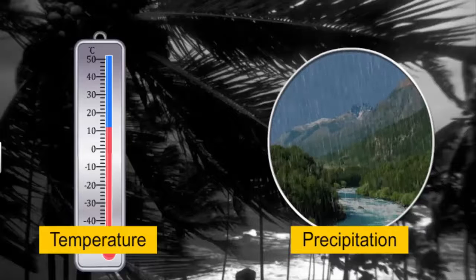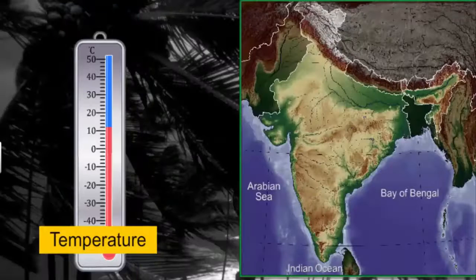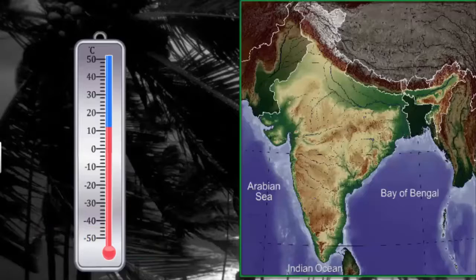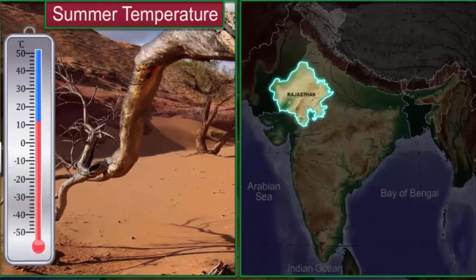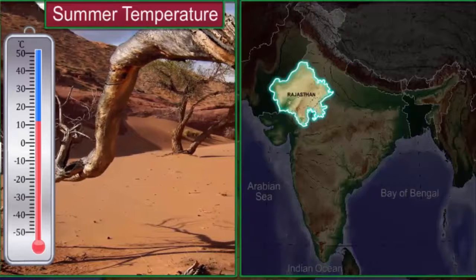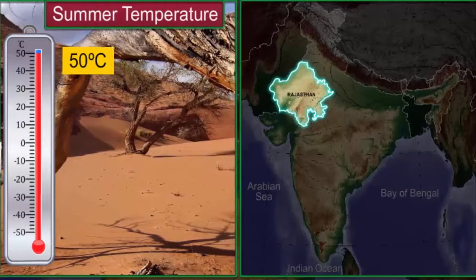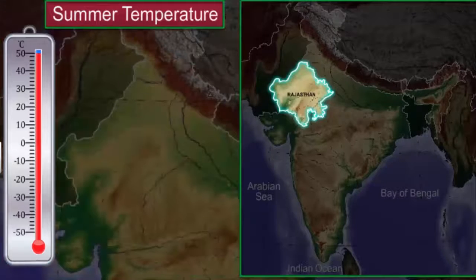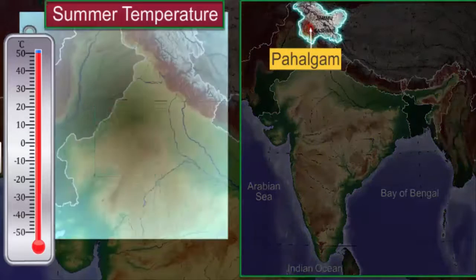Let us look at the variation in temperature experienced in different regions in India. In some parts of the Rajasthan desert, the temperature in summers occasionally touches 50 degrees Celsius. Whereas summer temperature in Pahalgam in Jammu and Kashmir may be around 20 degrees Celsius.